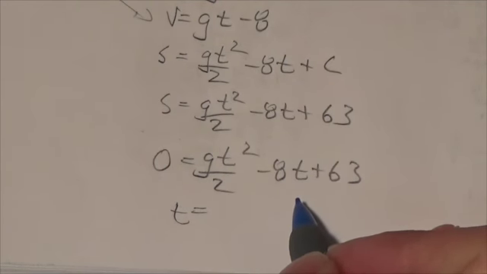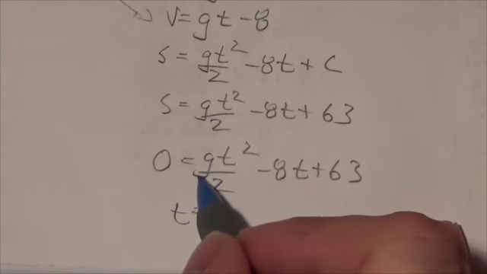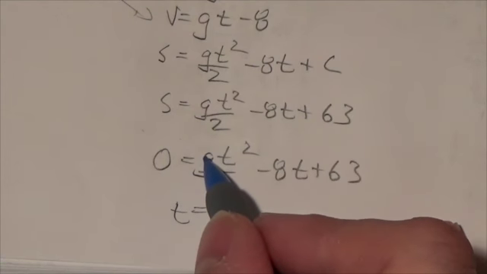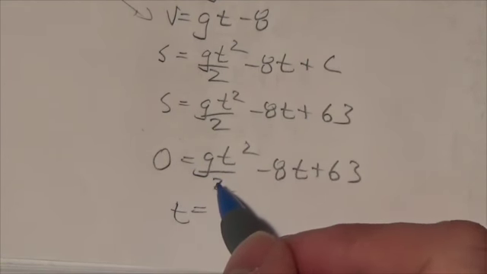Then I'm going to divide that by 2a. In this case, a is going to be -9.81 divided by 2, so really it's just going to end up being -9.81.